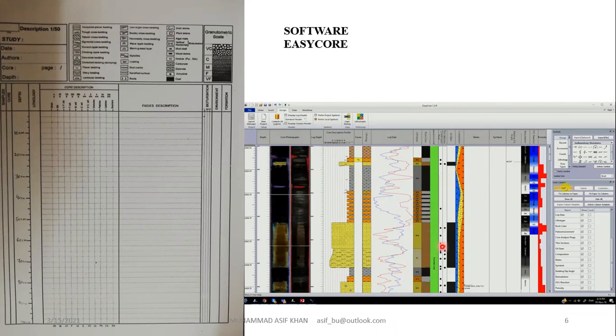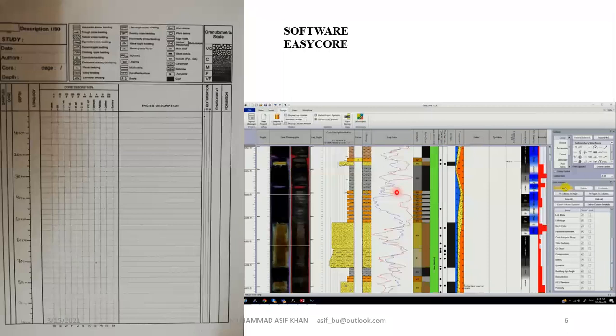We can note down each and every thing, and we can come up with some depositional model out of this description. So this is the basic step to get an idea about the overall reservoir characteristics of the core.